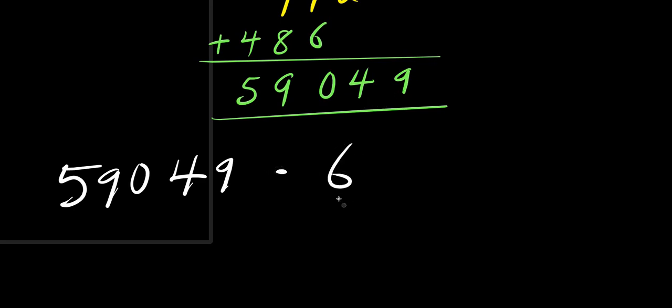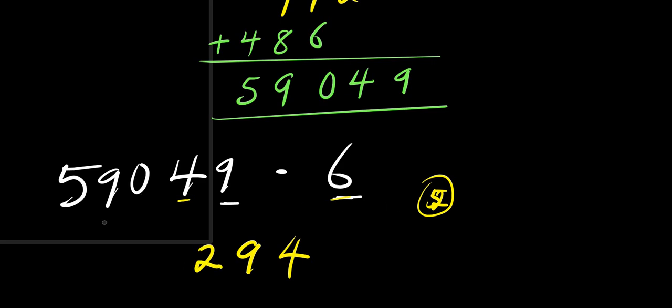So let's start. 6 times 9, that is, so this gives us 54, 4 carry over 5. 6 times 4, that is 24 plus 5, 29. 9 carry over 2. 6 times 0, 0, 0 plus 2, we have 2. 6 times 9 again, 54. So we have 4 and carry over 5. 6 times 5, that is 30. So 30 plus 5, we have 35.